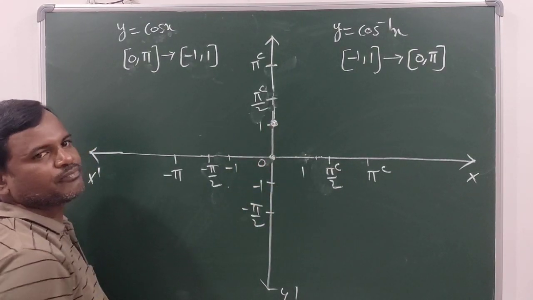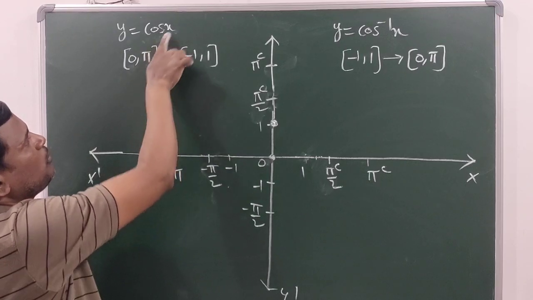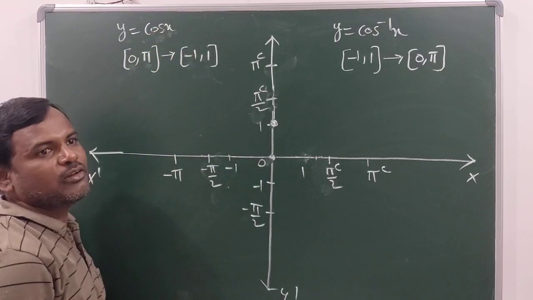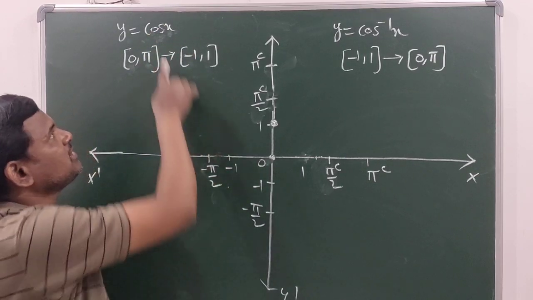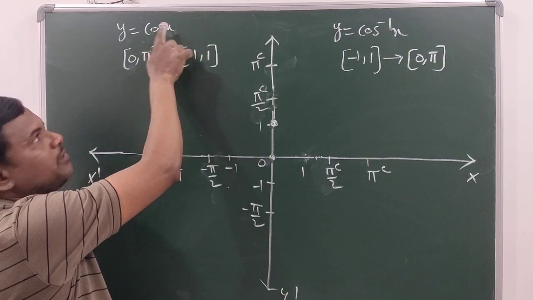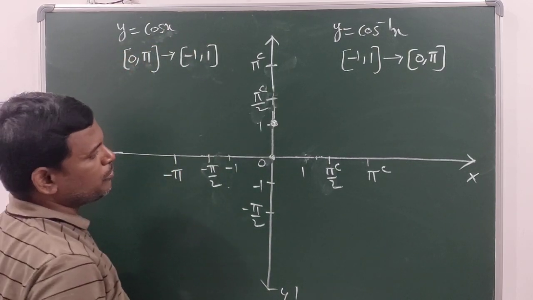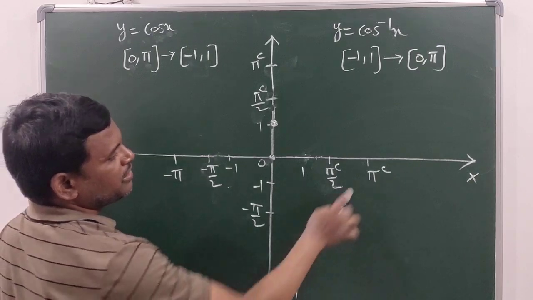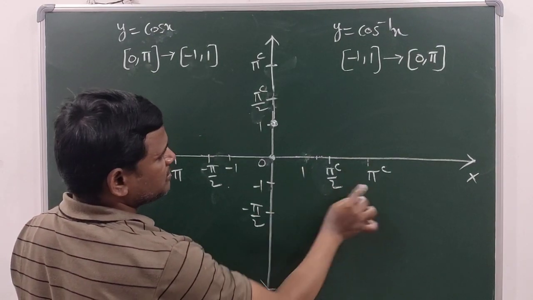When you write x equal to pi, cos 180 is -1, so the point is (pi, -1).